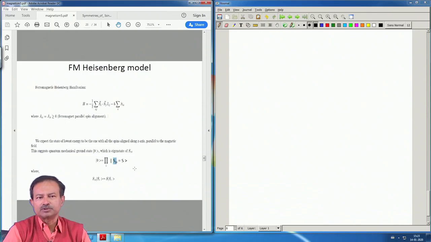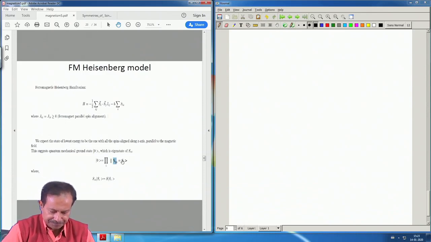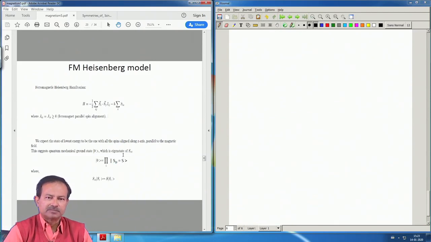That is the maximum moment you have at each site in the direction of the field, so you just take that and take a direct product of all these states to form the ground state.